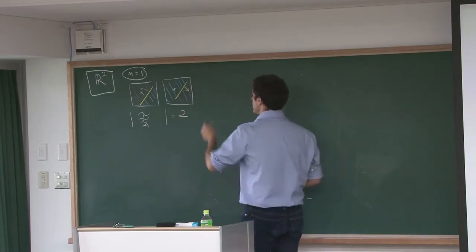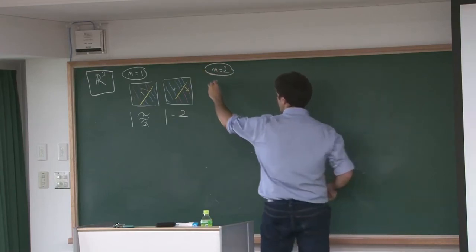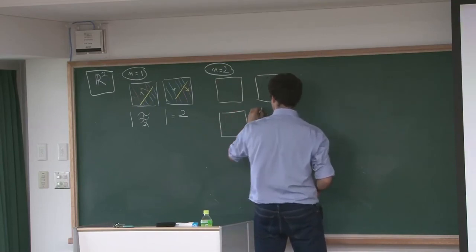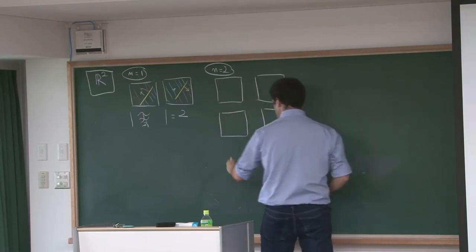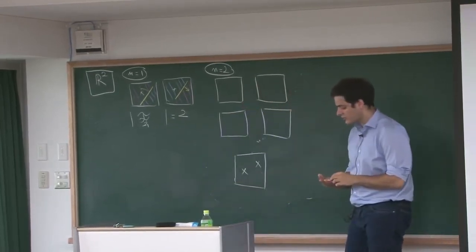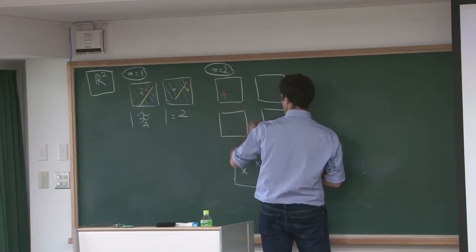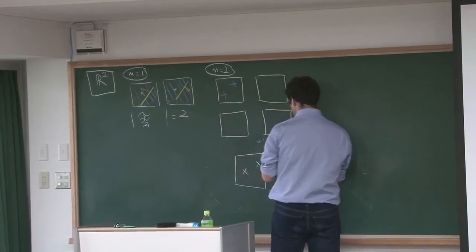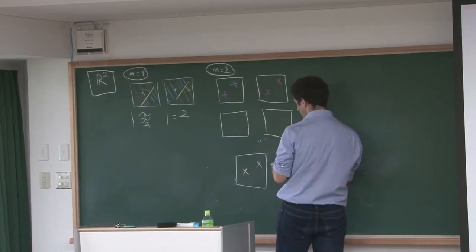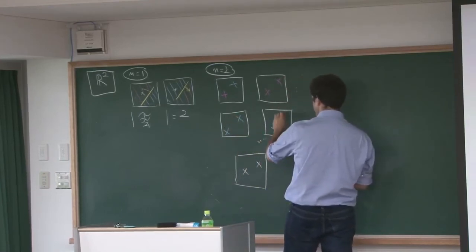Okay? Let's consider the case n equals 2, 2 points. So I'm going to write the original points here. Let's take 2 points, and I'm going to consider all possible labels. I wanted this one to be red and this one to be blue. I want this one to be red and this one to be red. I want this one to be blue and this one to be blue, and I want this one to be blue and this one to be red.